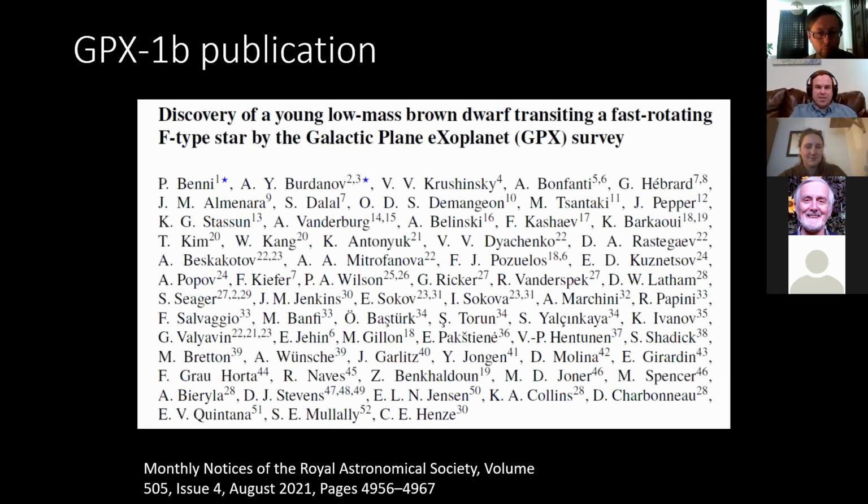This is the discovery paper. I think the take home, looking at the different people who co-authored the discovery paper, is that it's probably an even mix of amateur and professional astronomers from around the world.